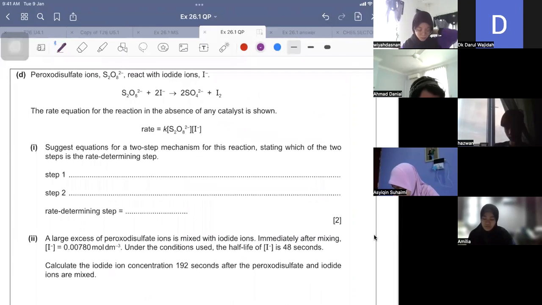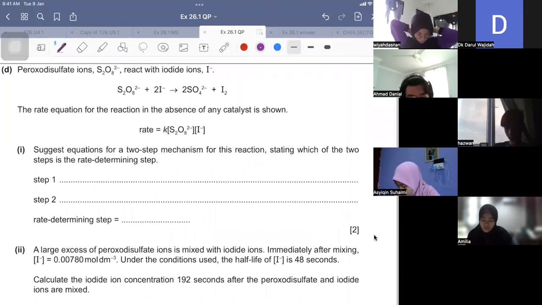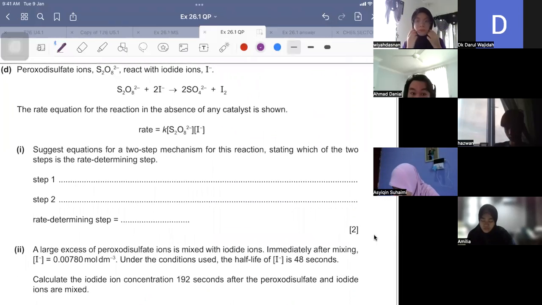Now we move on to part D of question 15. We are given the reaction of persulfate ion. So persulfate is the peroxodisulfate, S2O8 2-, reacting with iodide ions to form 2 sulfate and 1 iodine.